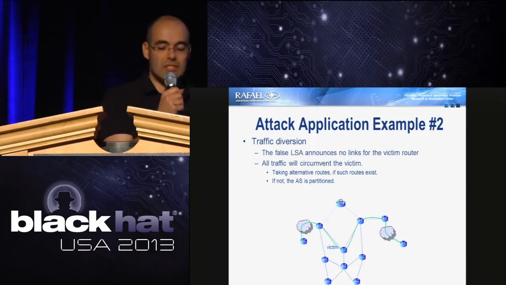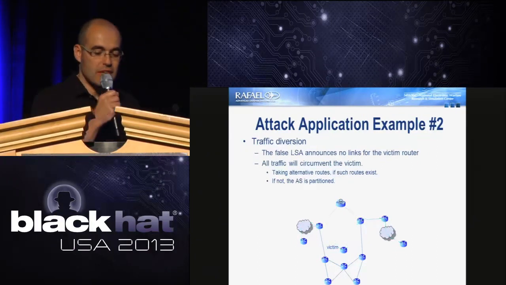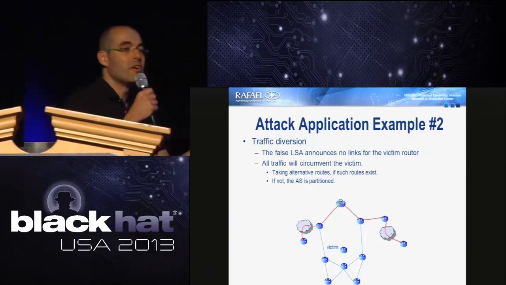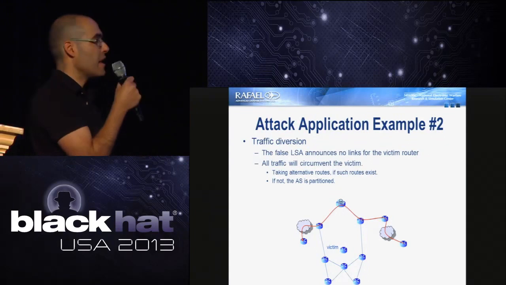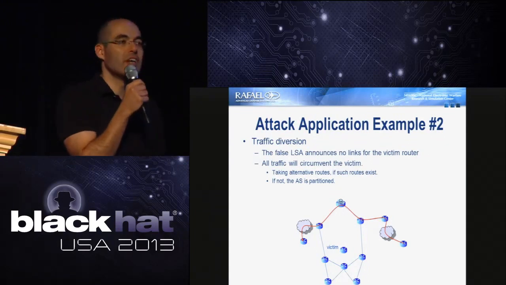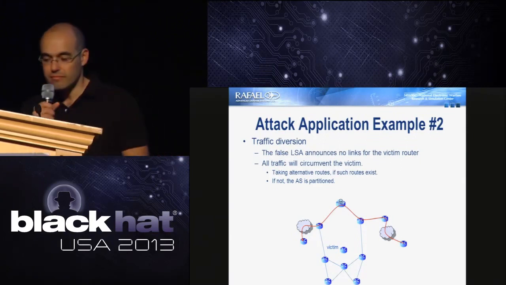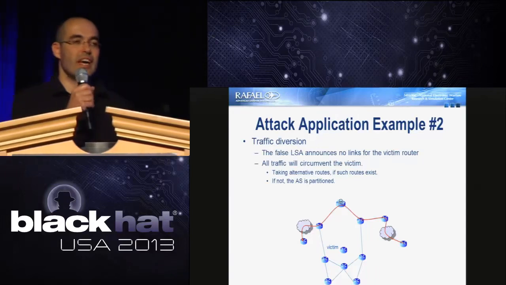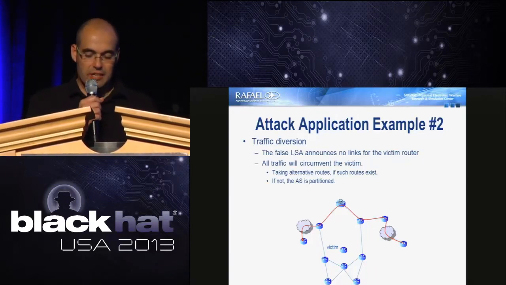It has no links whatsoever. So the new route will actually traverse the attacker, and now the attacker can eavesdrop on the traffic or launch a man-in-the-middle attack. Okay, and these were just a couple of attack examples.